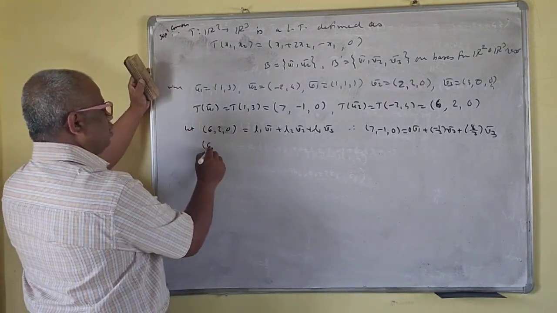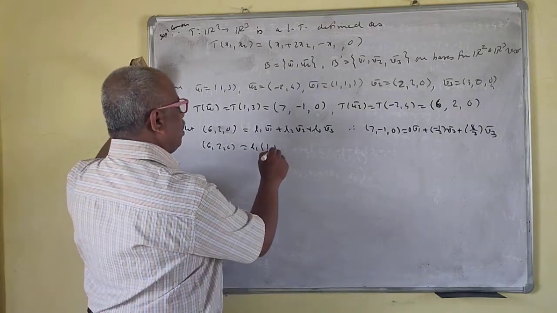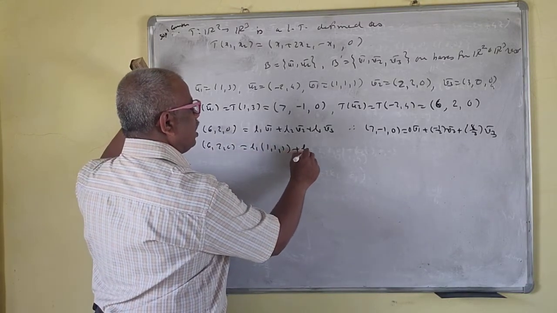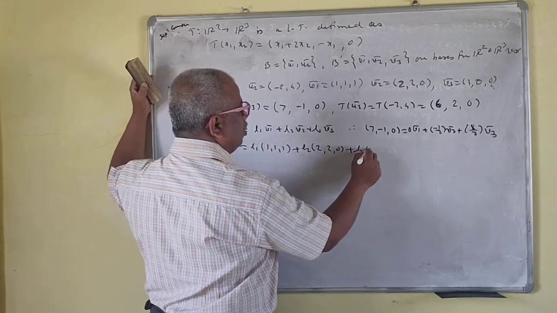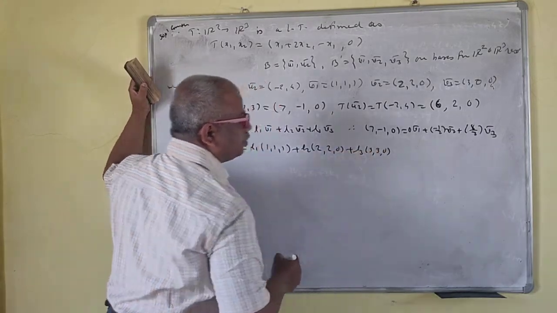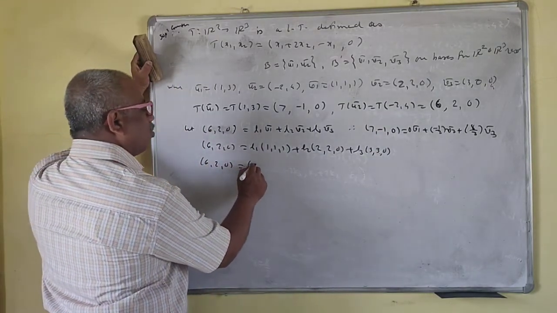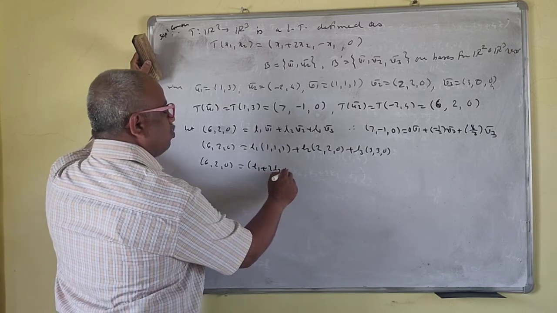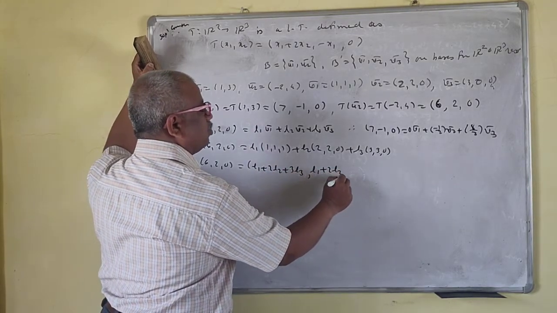So this is what then, 6 2 0. L1 into V1 bar. V1 bar is what? 1 1 1. Plus L2 into V2 bar, 2 2 0. Plus L3 into 3 3 0. Okay. So 6 2 0 is equal to L1 plus twice L2 plus 3 L3.